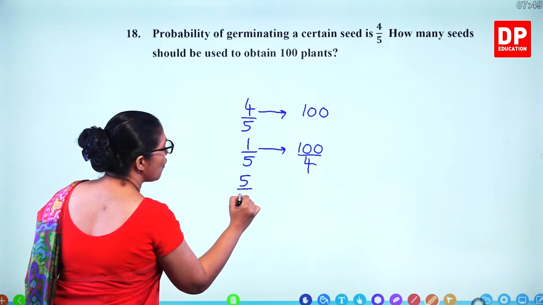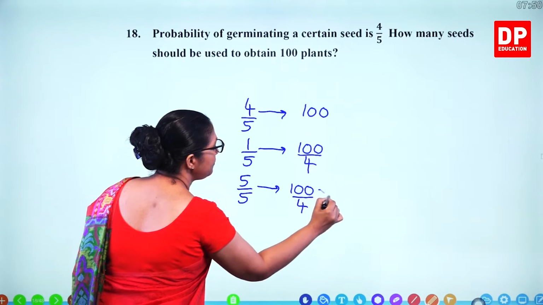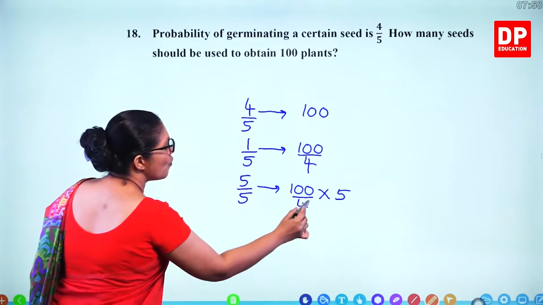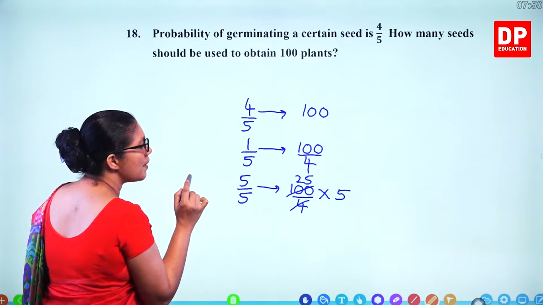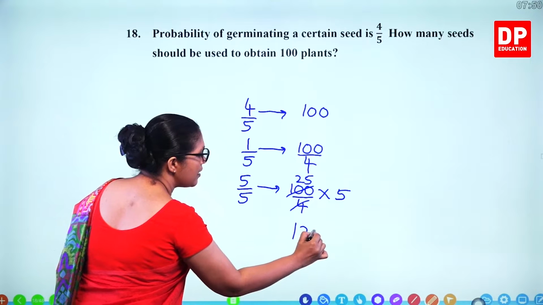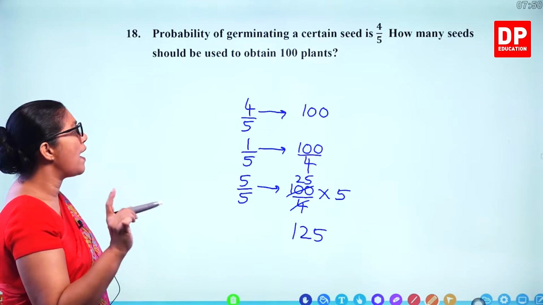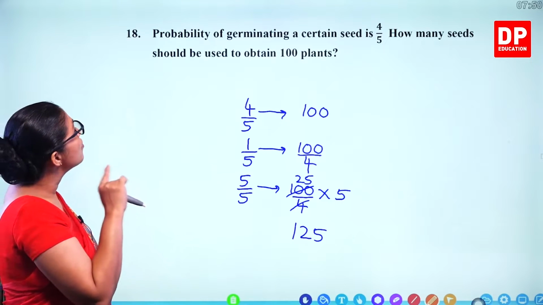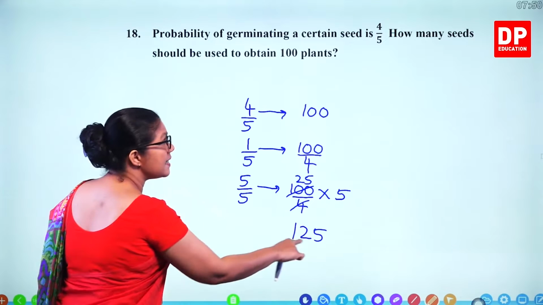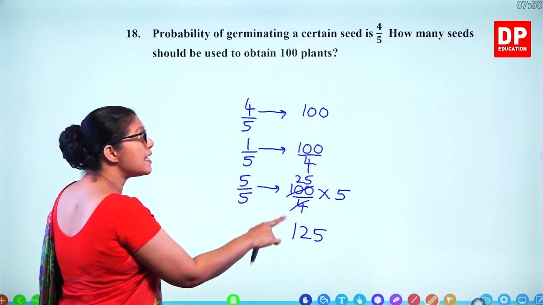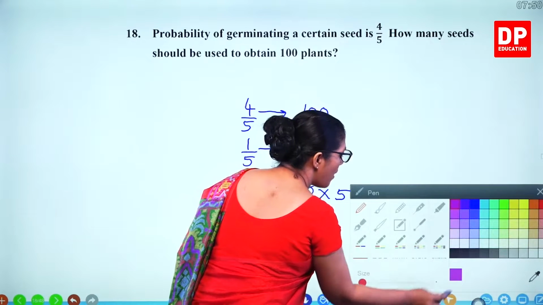So 4 times 25 is 100, and 25 times 5 is 125. So these are seeds actually, 125 seeds to get 100 plants. So 2 marks for that.